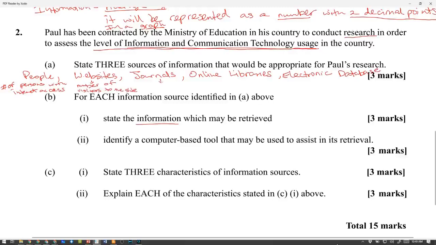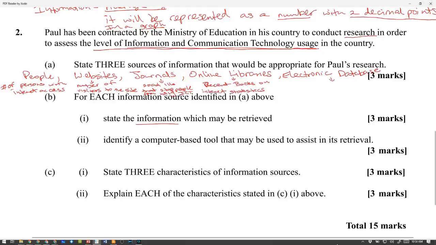Journals usually have scientific research, so it'll be like the social ills that stop people from using ICT. Online libraries will have recent books on internet statistics.